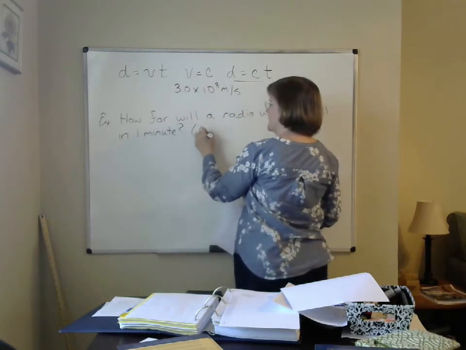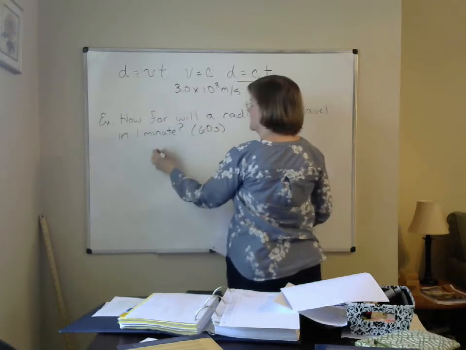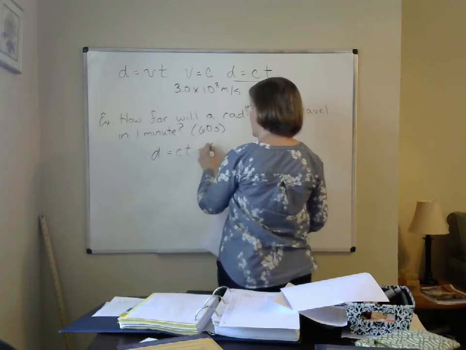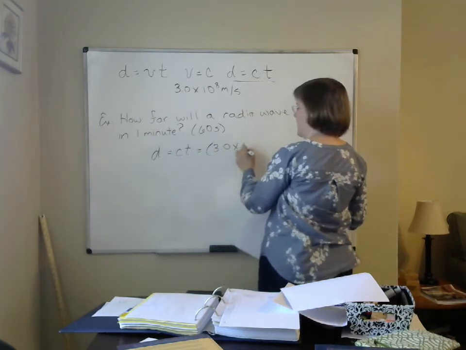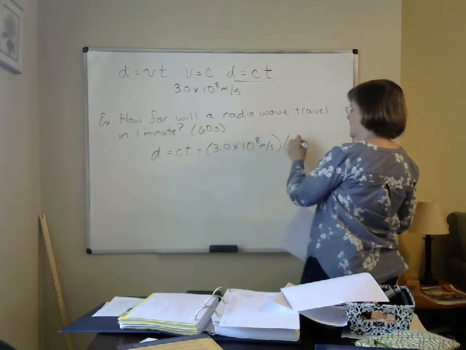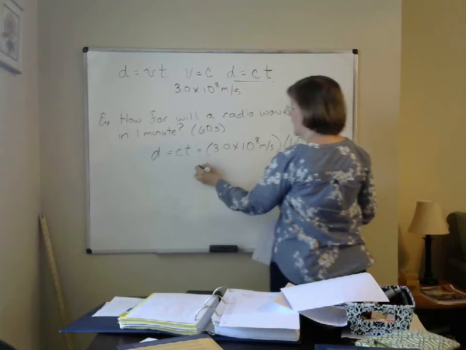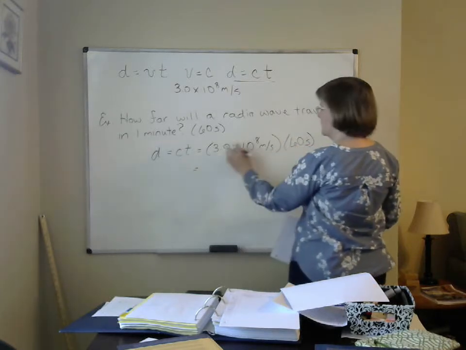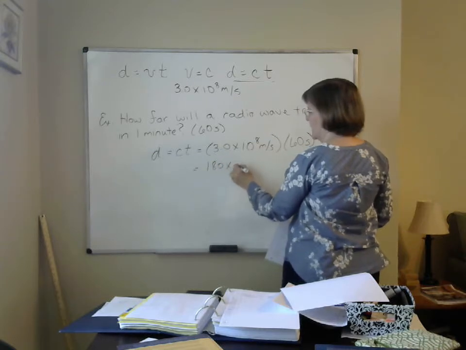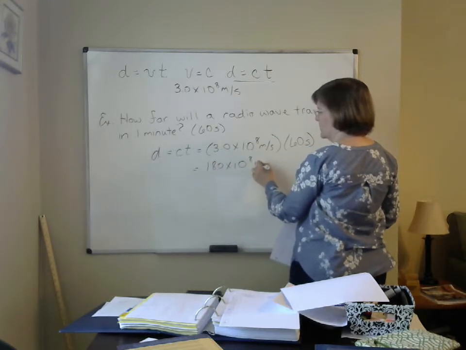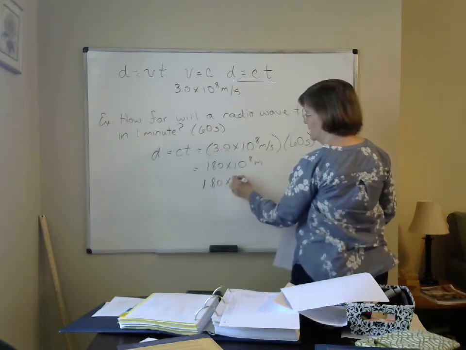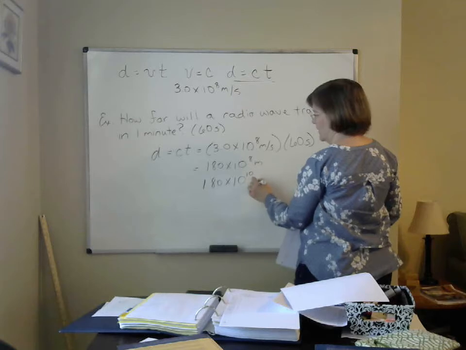So we know that that's the same as 60 seconds. So that distance, which would be its speed times time, 3 times 60, that's going to be 180 times 10 to the 8th meters. Of course, that's not good scientific notation, or 1.80 times 10 to the 10th meters.